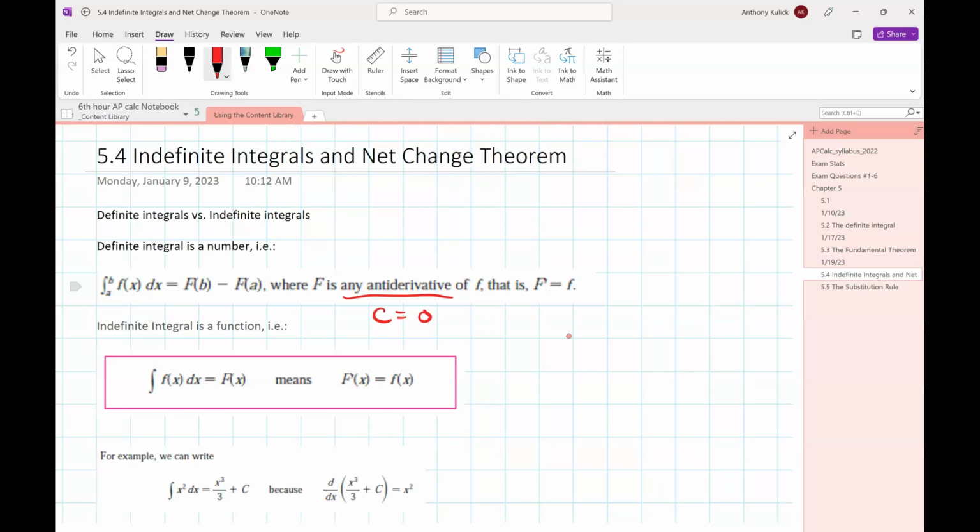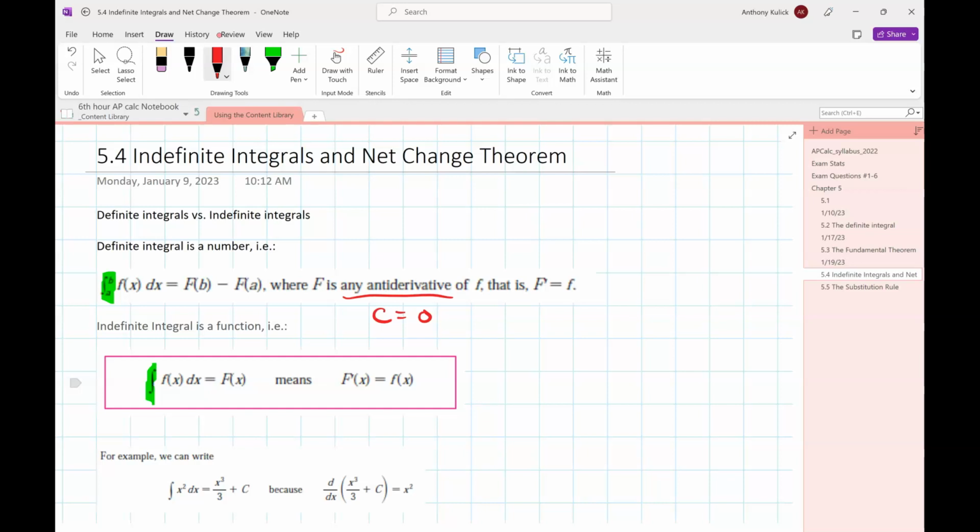What we're going to look at in this section is going to be the indefinite integral. So the way we tell the difference between them is the definite integral has bounds on it. Indefinite integral doesn't. And the indefinite integral is just the antiderivative.